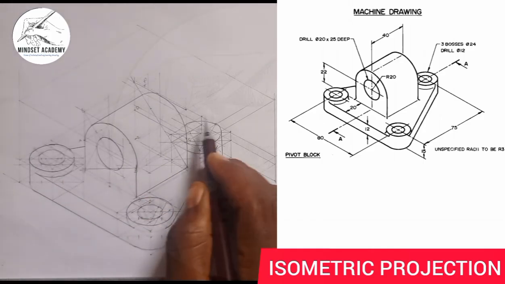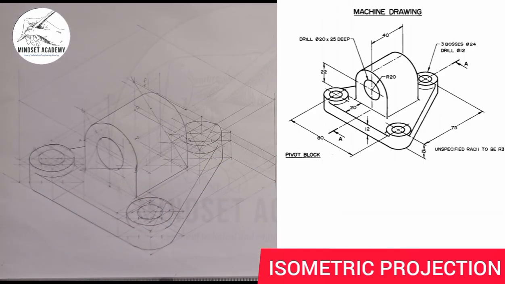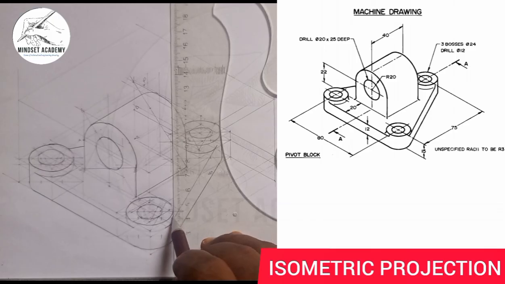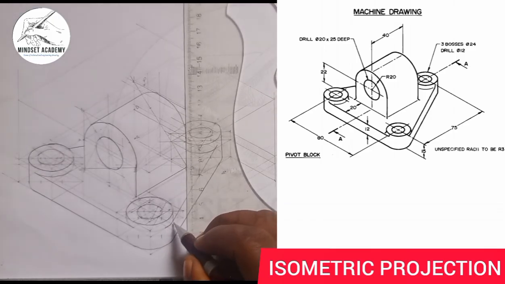There's another circle at this point here, which I'm going to do. Look what we have. We have successfully reproduced the figure that you can see at the right hand side of the screen, right? In isometric projection.